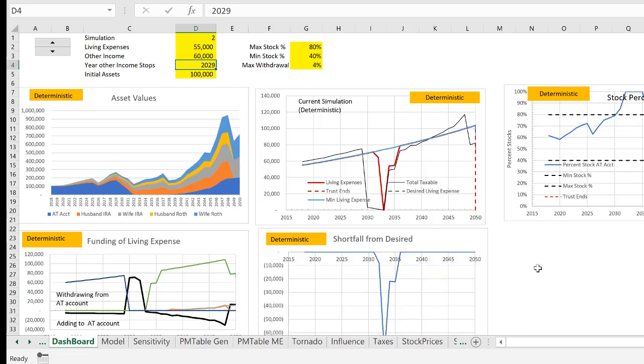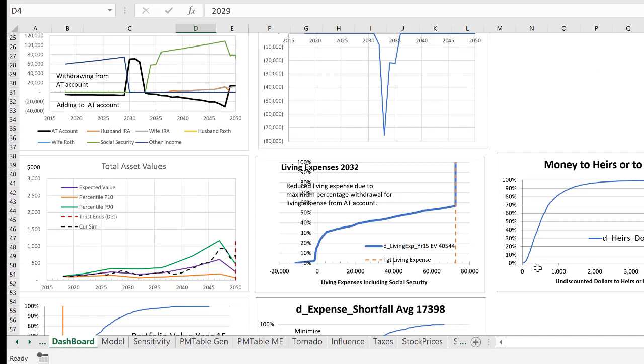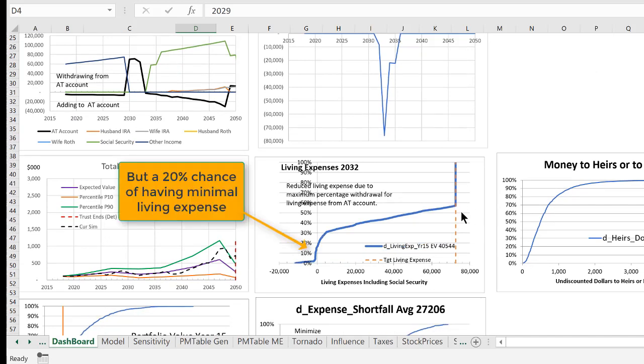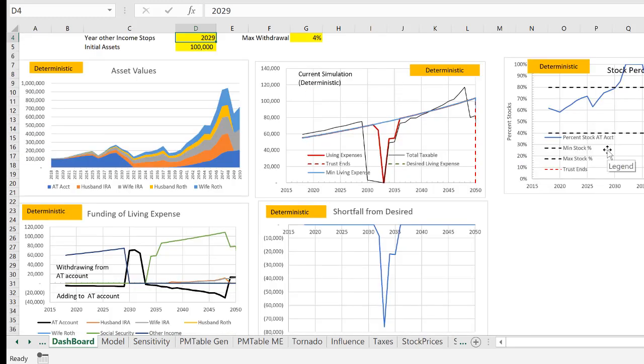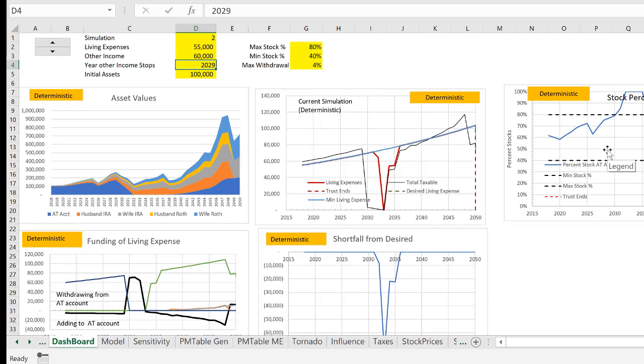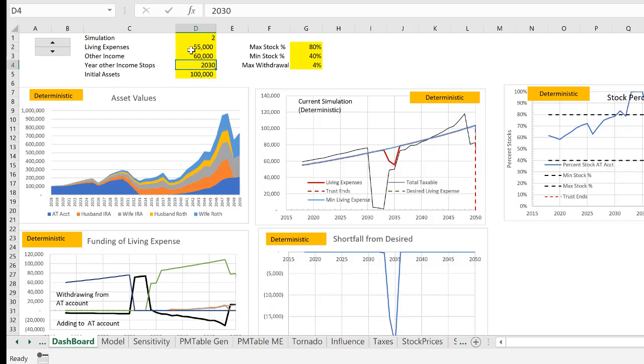I need to be looking at the probabilistic results. And in here, it's about a 45% chance. So if I was running this retirement model, I think 2030 looks like a reasonable retirement year, if I can live with 55,000 in income rather than 60.